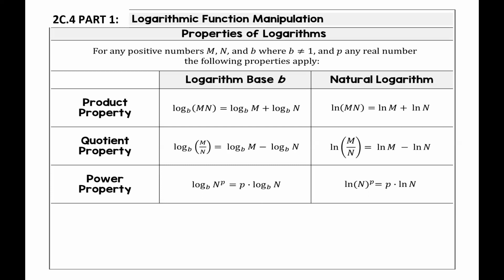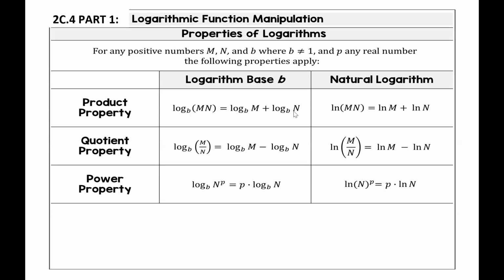Okay. So up first, we're going to talk about, for any positive numbers m, n, and b, where b cannot equal 1, so your base cannot equal 1, and p, any real number, the following properties apply. The first up is our product property. Your product property is saying that when you have two arguments being multiplied inside of a log, they can separate into their own logs, and they're added together.